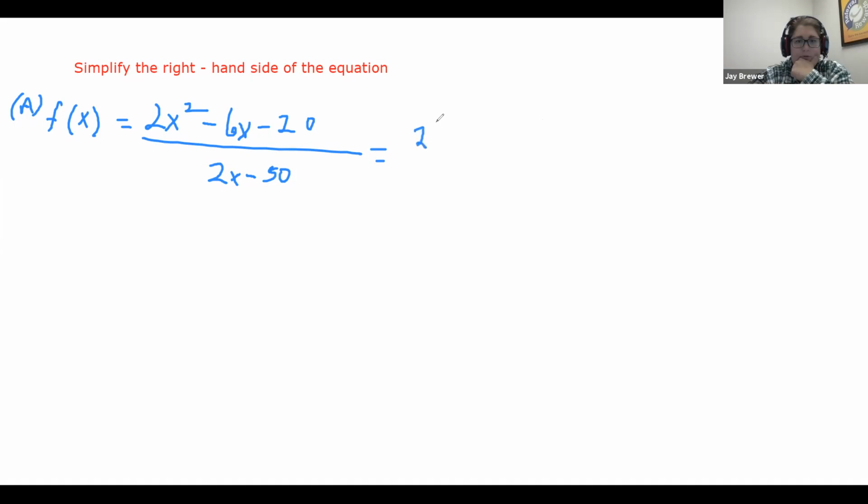Sure. We can pull a 2 out of the top, and we can also pull a 2 out of the bottom. I am going to do it separately just so that everyone can see the common terms.